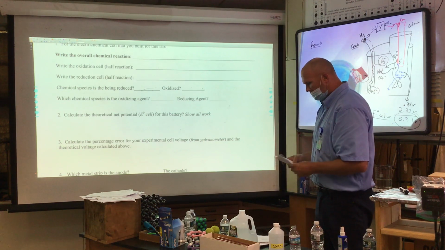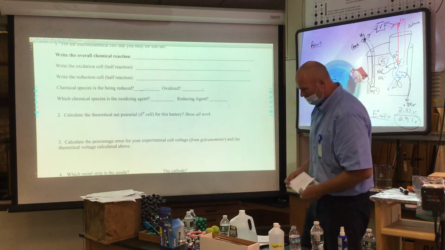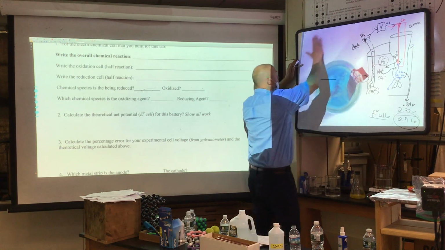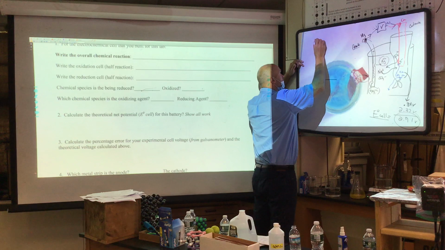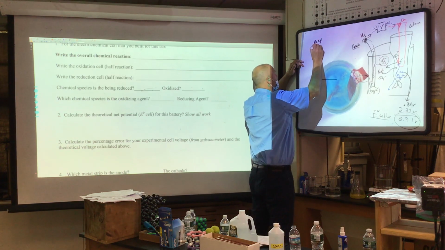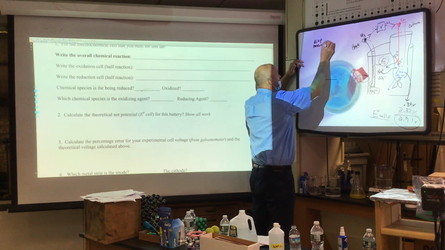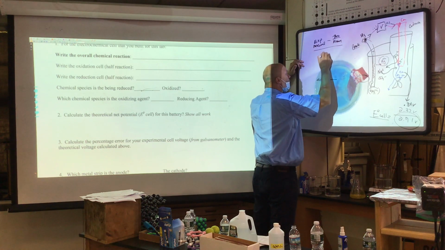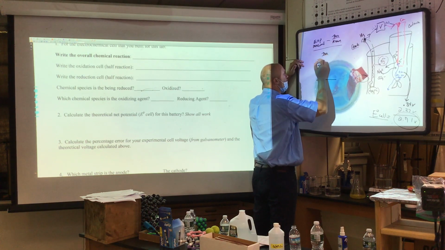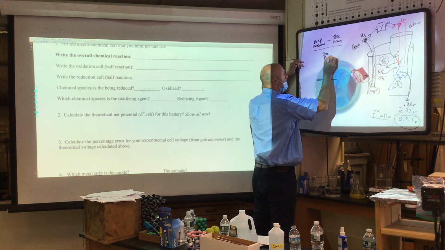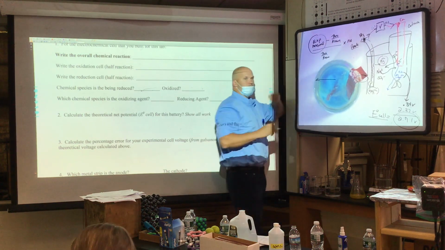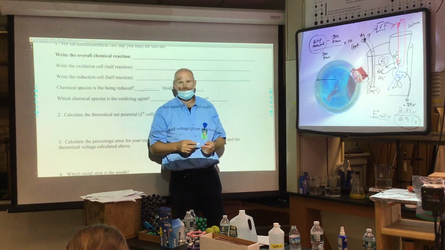Percent error is our experimental, or what you actually measured in the experiment, minus the theoretical, or the known, it's the same thing, all over the theoretical, which is the same thing as your known, times 100. So we measured it to be 1.7, 1.8, 1.9.